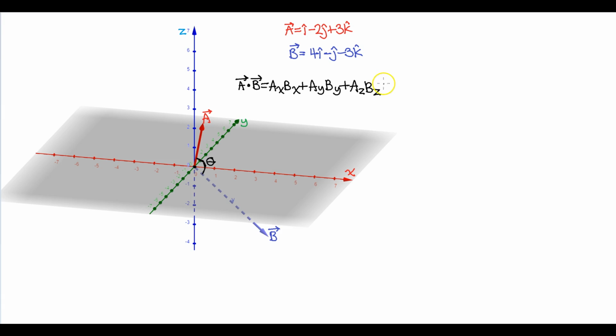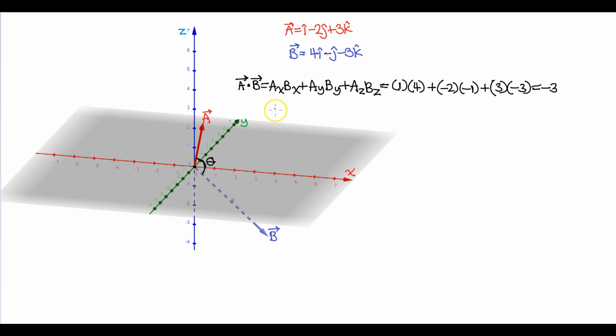What we get is 1 times 4 plus negative 2 times negative 1 plus 3 times negative 3. We get 4 plus 2 is 6, minus 9 is negative 3. So the dot product of these two vectors is negative 3.